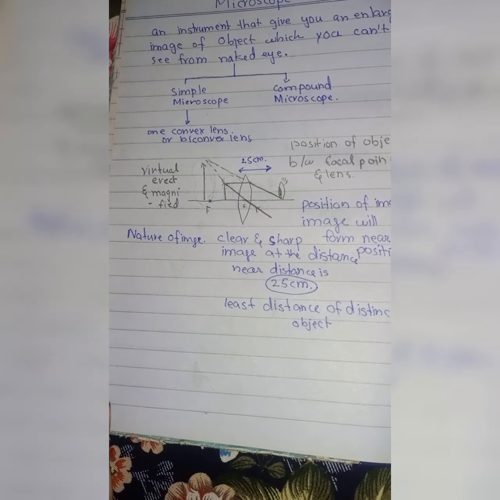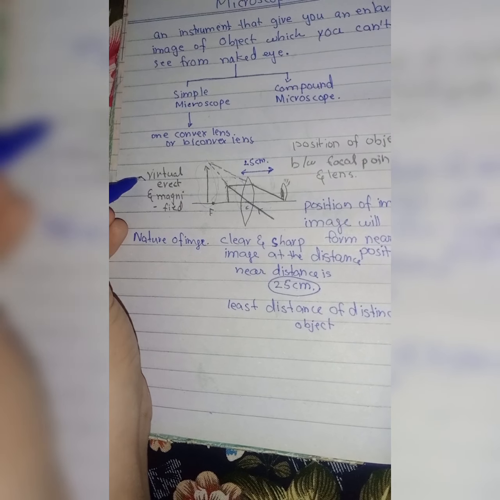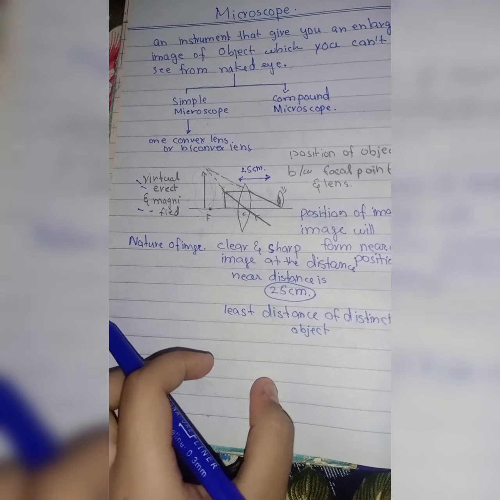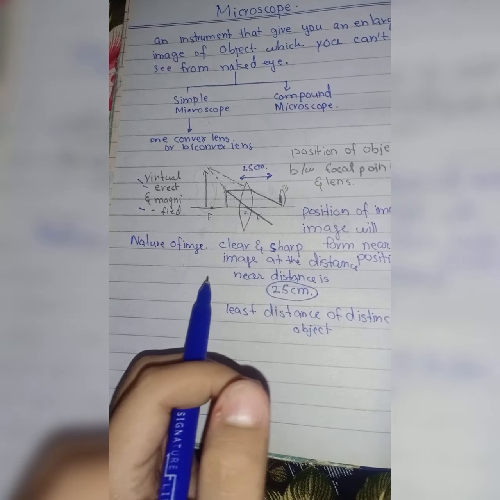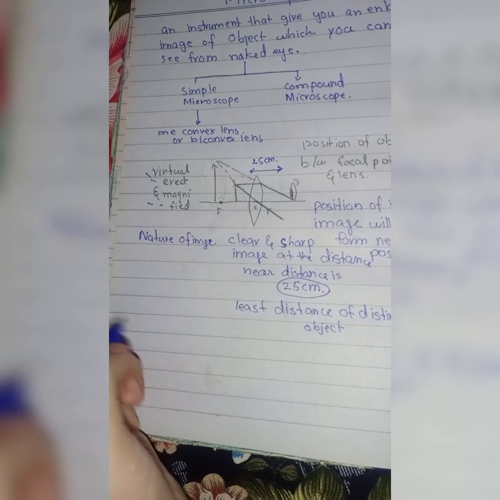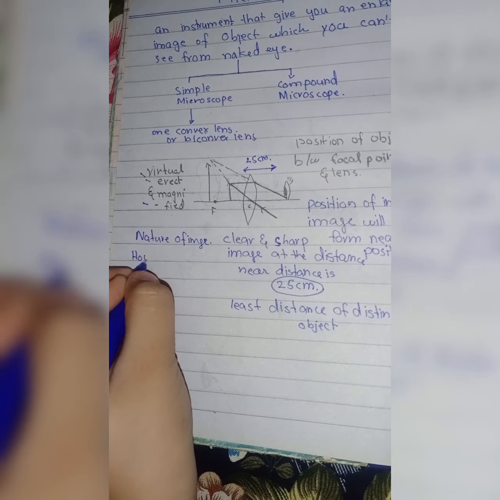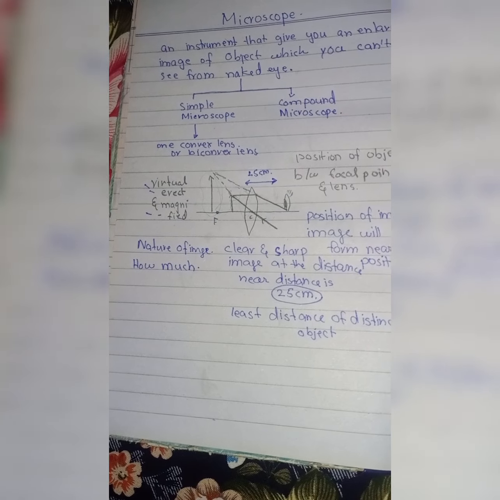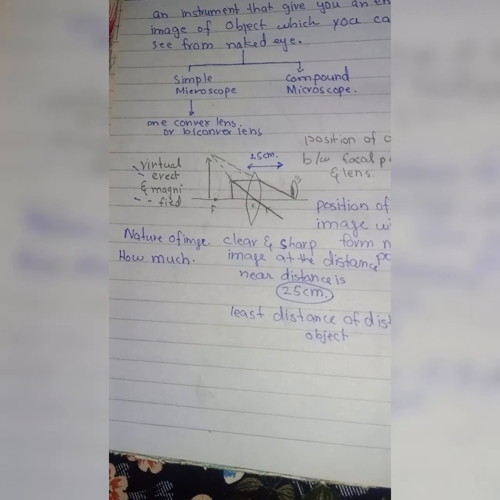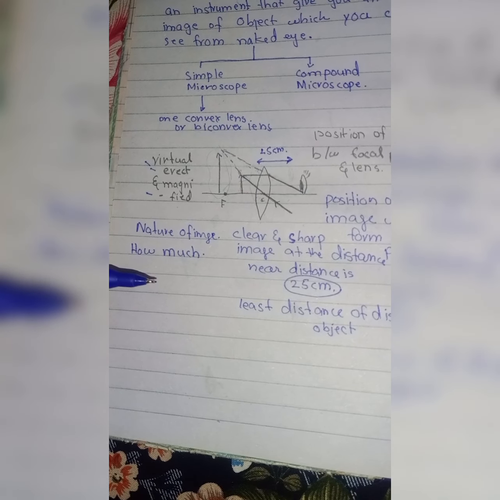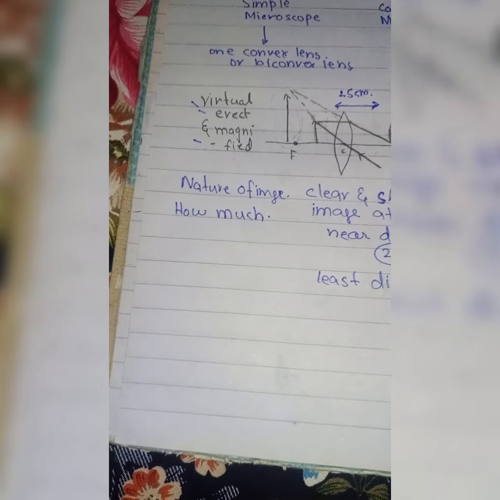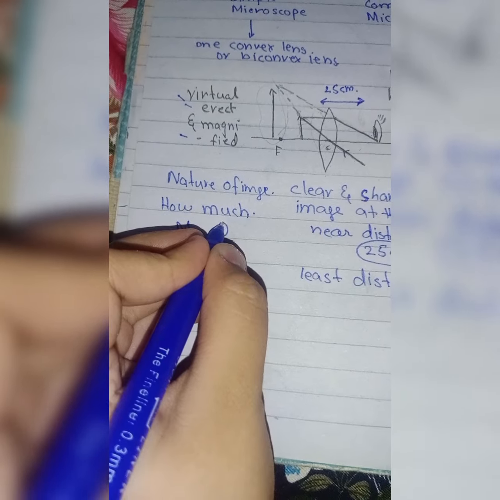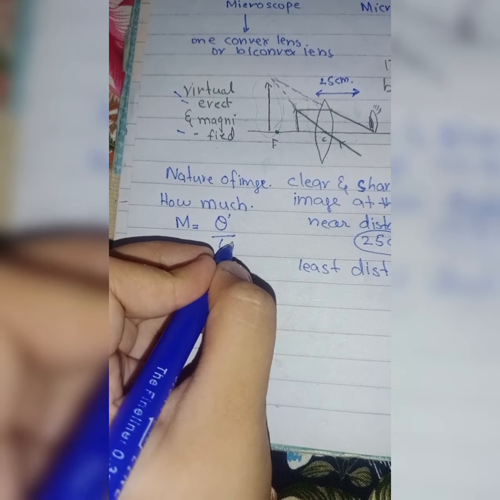Now let me tell you about the nature of the image. As I told you, it is virtual, erect and magnified. Now the question arises: how much can it be magnified? To identify how much the image is magnified, we have a formula: m, the magnifying power, is equal to theta dash upon theta.